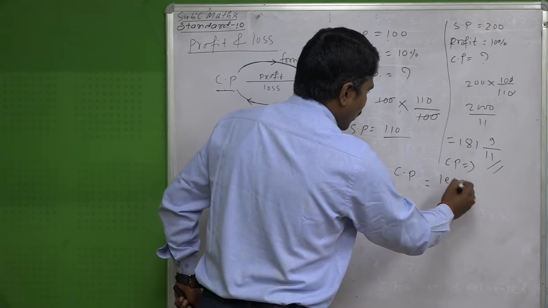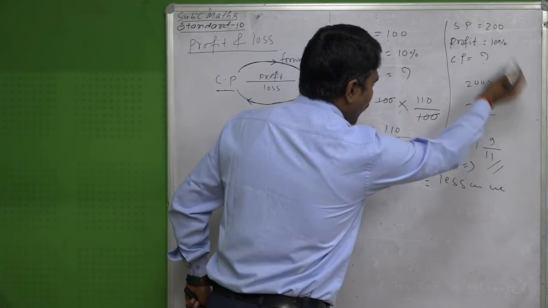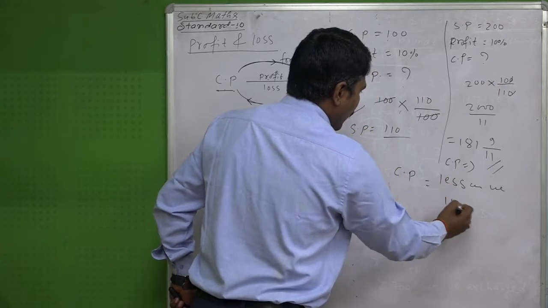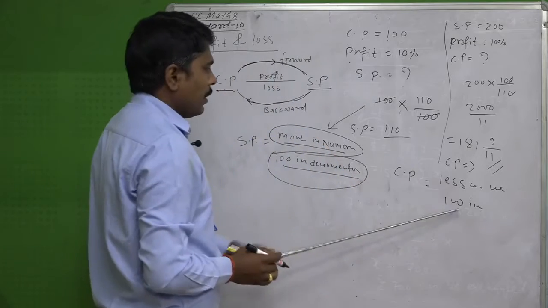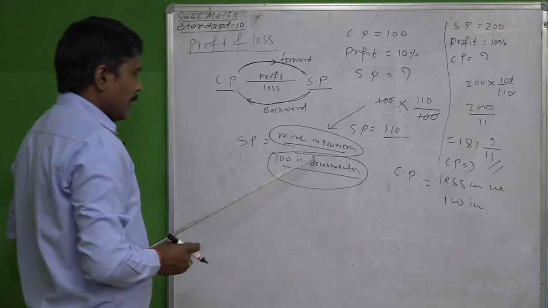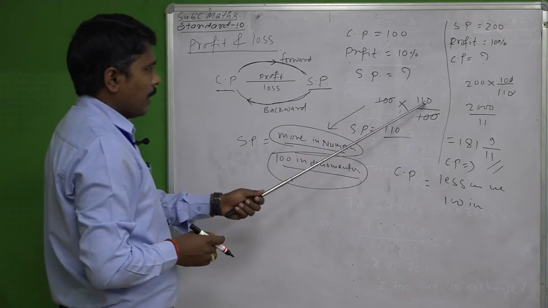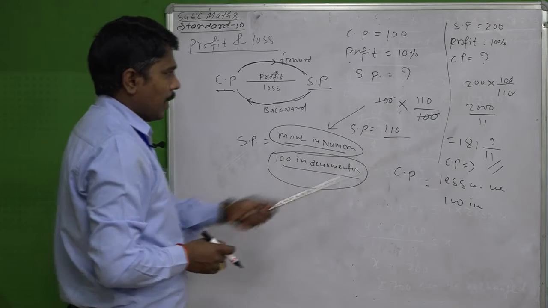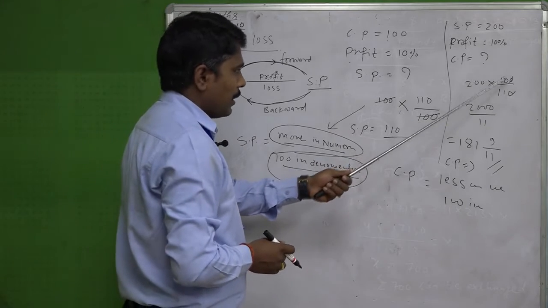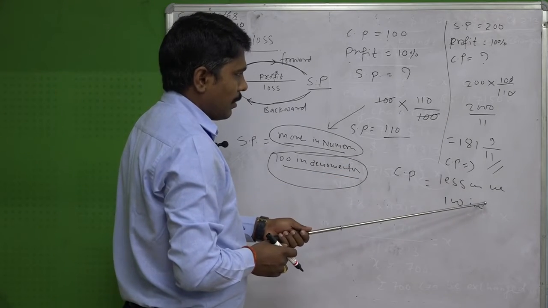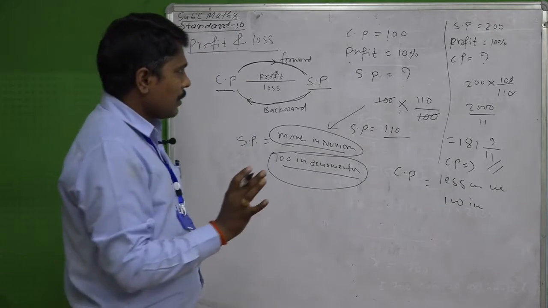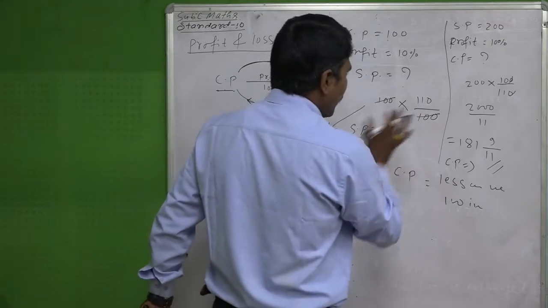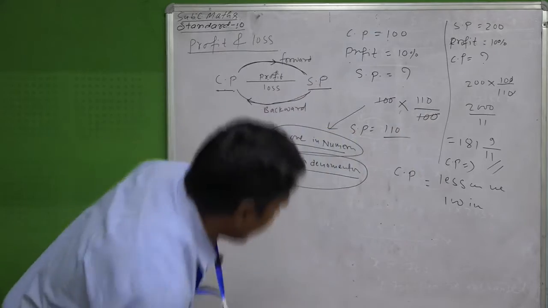Less is on the denominator, meaning 100 is on the denominator, or less is upside. Here more is up, less is down, and here less is up, more is down. In this way, if we try, then we can find easily. These are the conditions of profit percent.